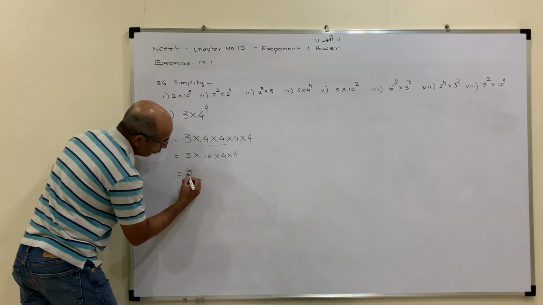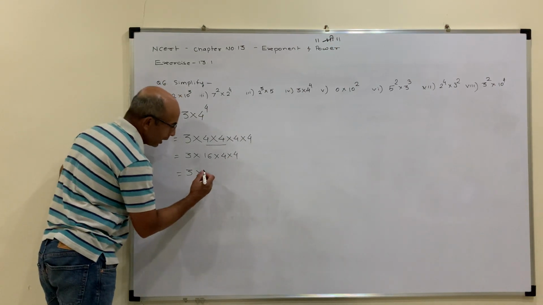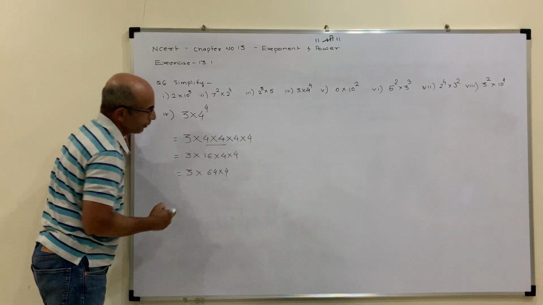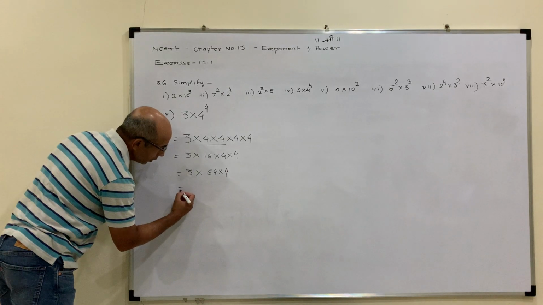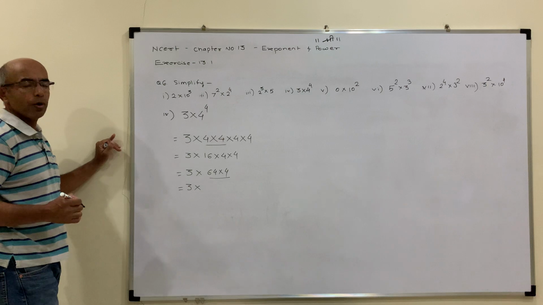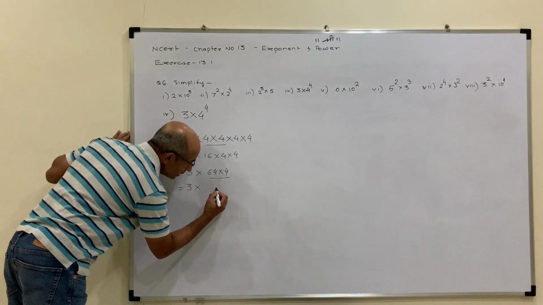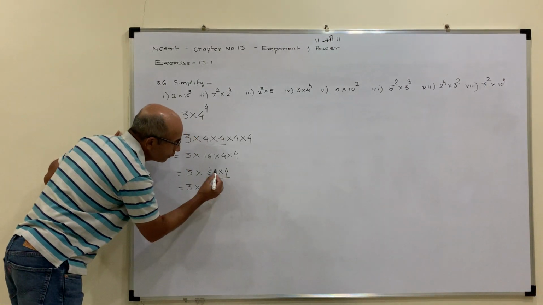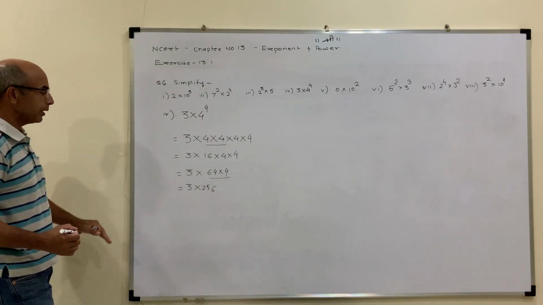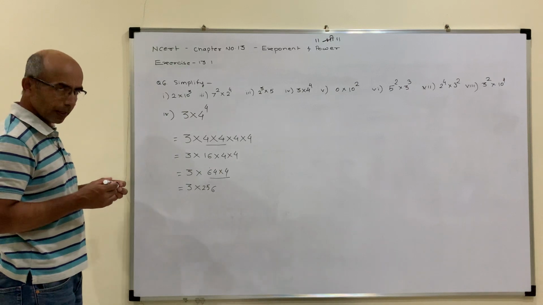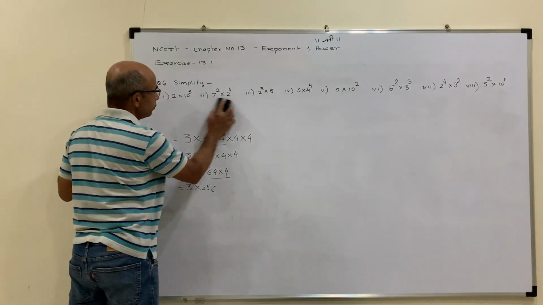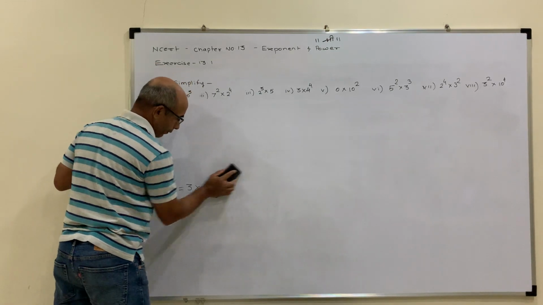So 3 into 16, 4 4s are 64? So into 4. And now we'll solve the further step, that is 3 into 64 into 4. So 4 4s are 16, then 1 carry, 6 4s are 24, and then 1 plus 24 is 25. So it comes out to be 3 into 256.